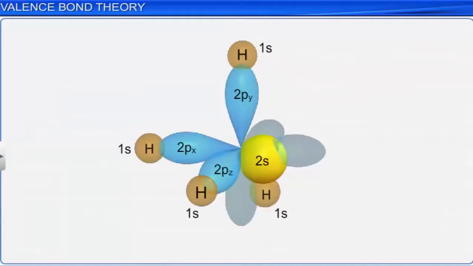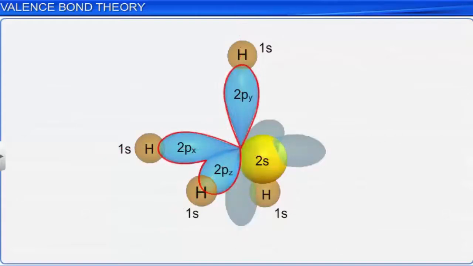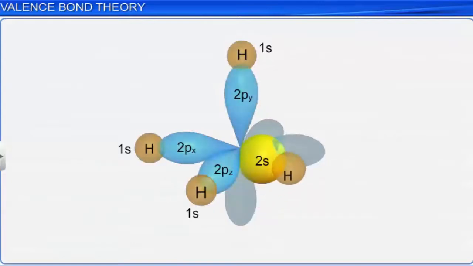We know that p orbitals lie perpendicular to each other. Hence, the three C-H bonds in methane molecule are expected to be oriented at 90 degrees to one another. The 2s and 1s orbitals of carbon and hydrogen can overlap in any direction, since they are spherically symmetrical.